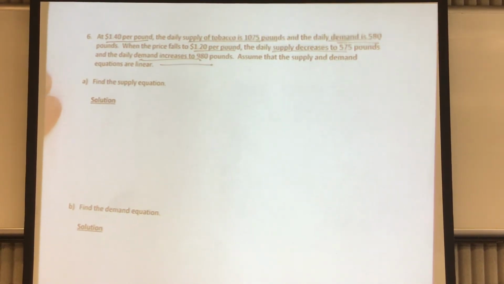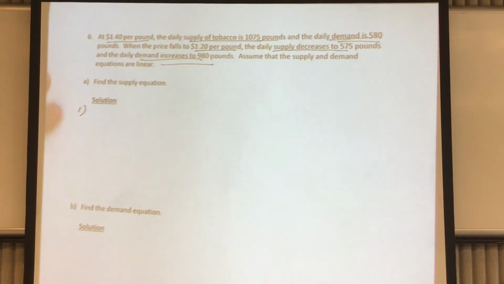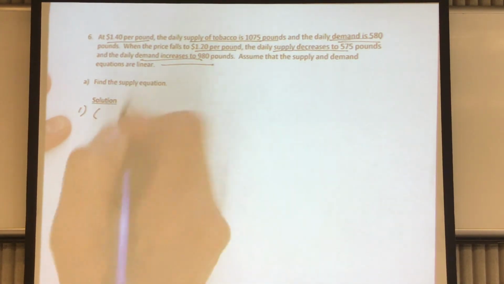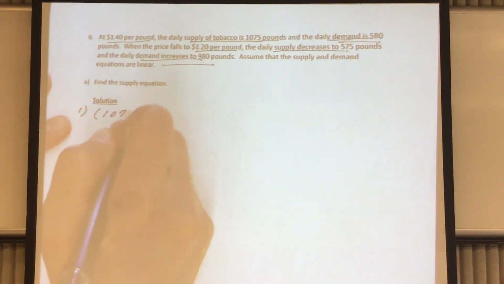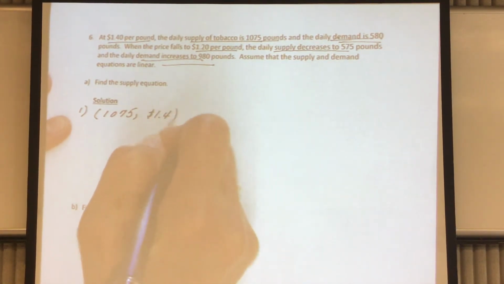Find the equation. So the first step we are going to do is to determine the points. So here the point is the supply is 1,075 at $1.40.